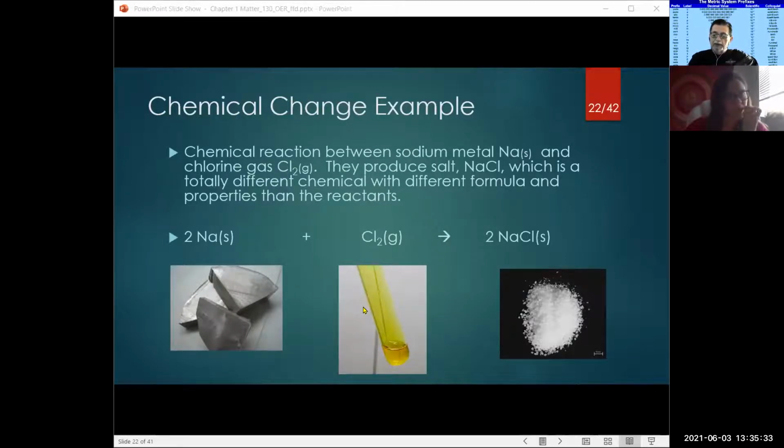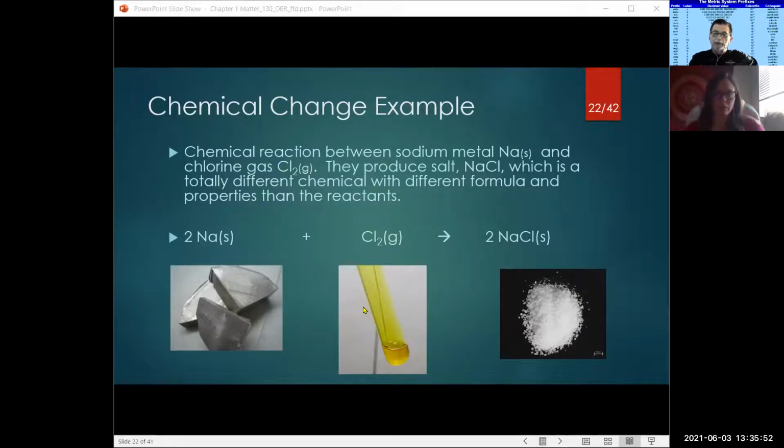Now, chlorine gas has a yellow tinge to it. Normally this gas is used in municipalities that treat water, because it's good for killing bacteria and all kinds of bad stuff. But it's a poisonous gas.